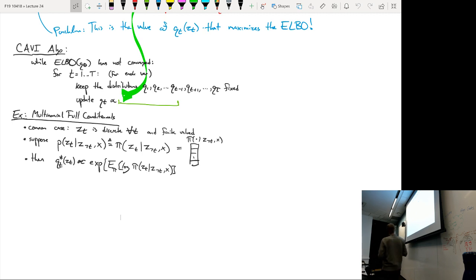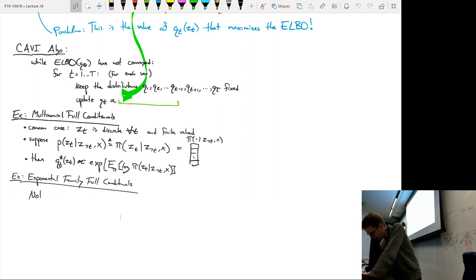Okay, so if the full conditional is not just a multinomial, then we get into exponential family distributions. And we'll just say these are not covered today.